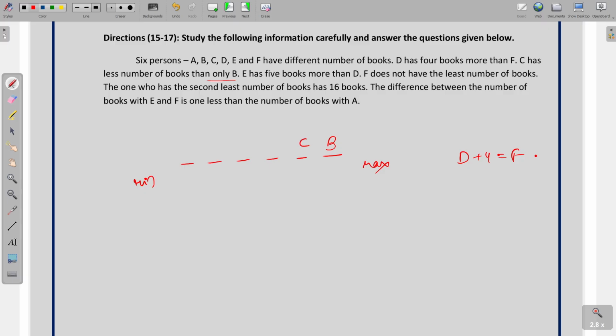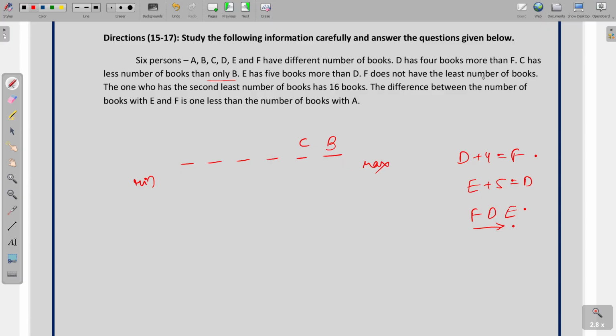E has 5 books more than D. From these statements, D is more than F, E is more than D. So F, D and E. This is the series.